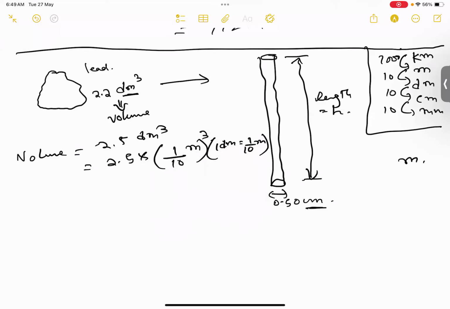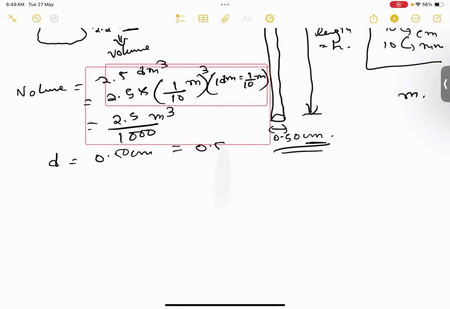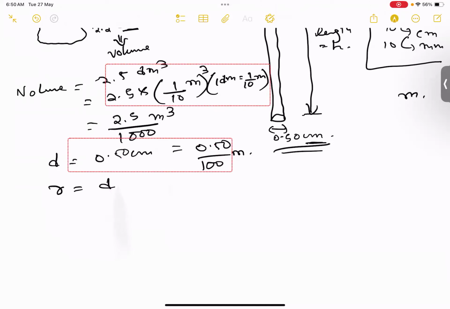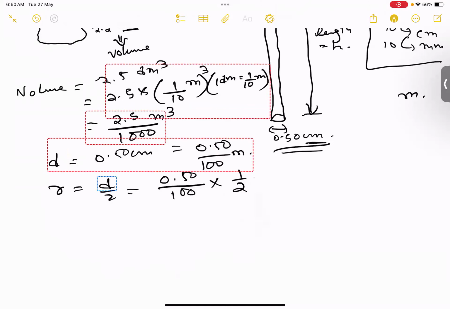So you'll get 2.5 by 1000 meter cube, since 10 to the power 3 is 1000. This is the volume, and this is the diameter. Diameter is 0.50 centimeter, equal to 0.50 by 100 meter. The radius will be half of the diameter, so 0.50 divided by 100, in half, meter.